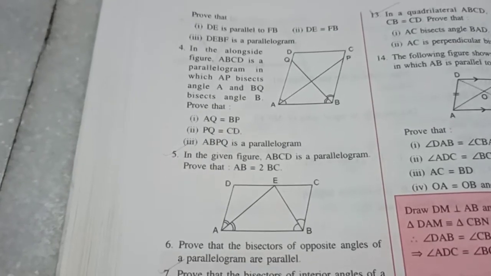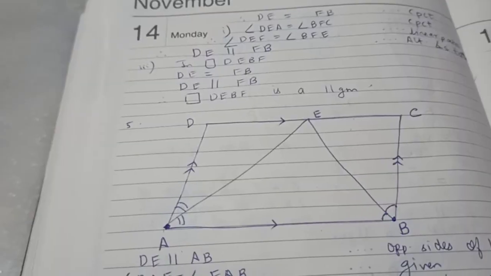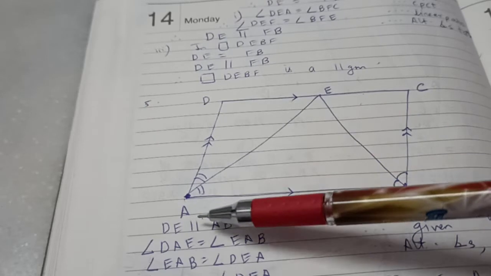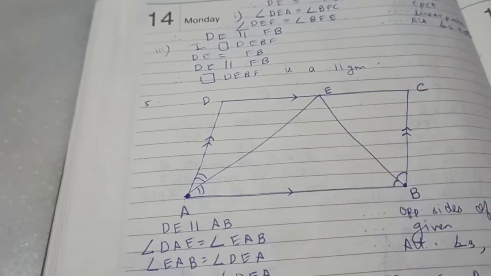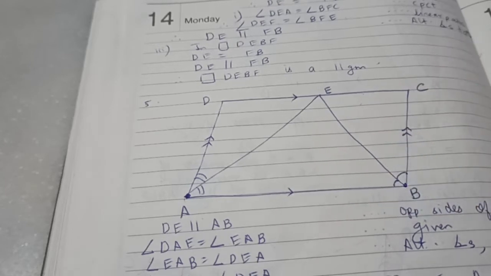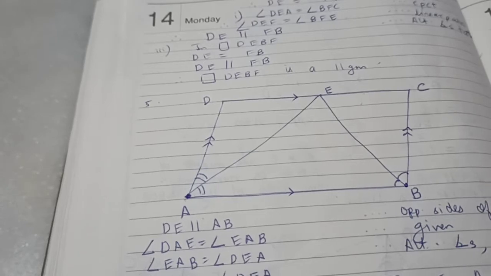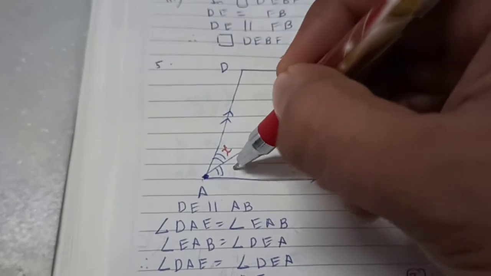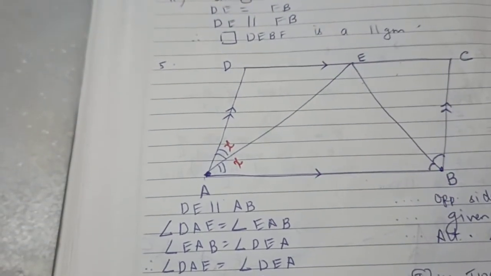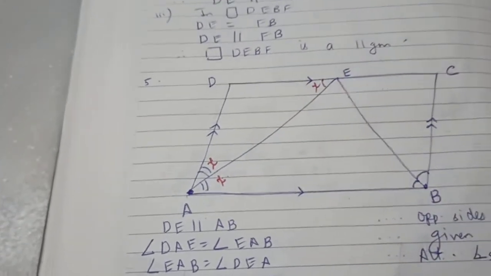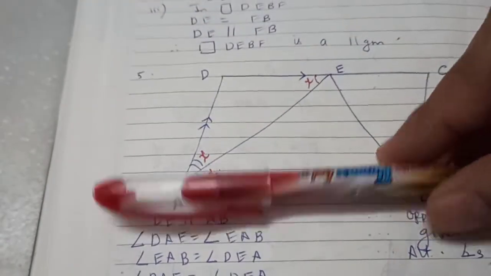Now, this is the fifth sum. What's given is that ABCD is a parallelogram and AE and BE are the respective angle bisectors, and we have to prove that AB is twice of BC. So first of all, we know that this angle is equal to this angle, let's say x and x, but this angle is equal to this angle, alternate angles, because DE is parallel to AB.